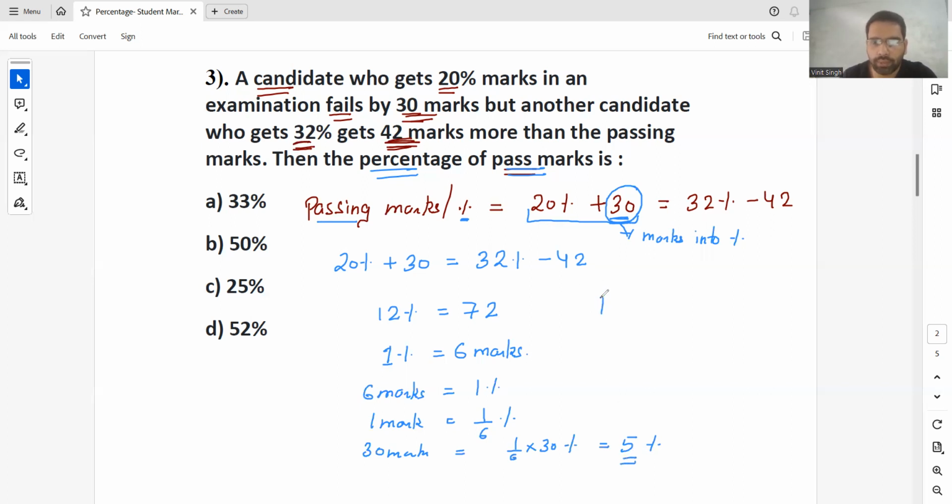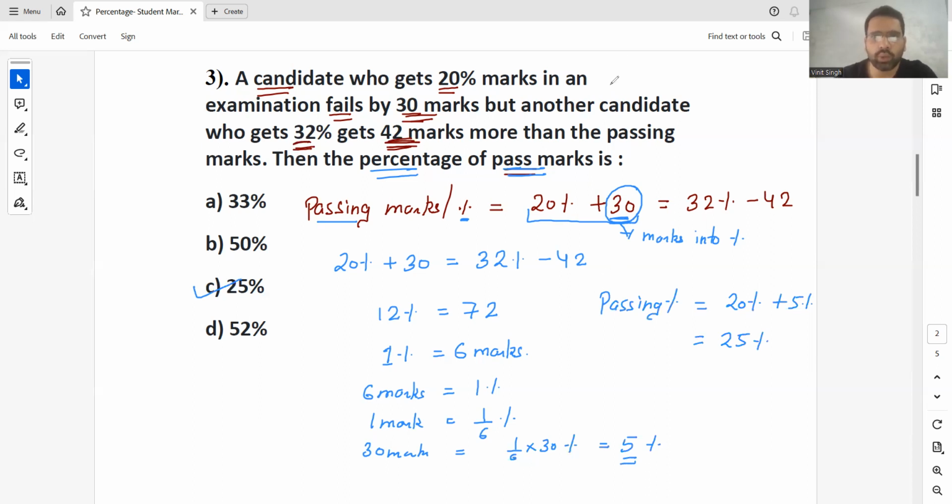So the passing percentage is equal to 20% plus 5%. So we can write 25%. So the passing percentage to clear the examination is equal to 25%.